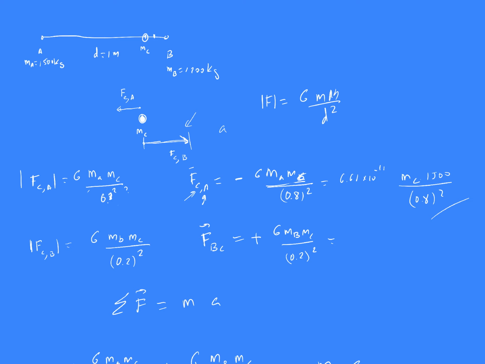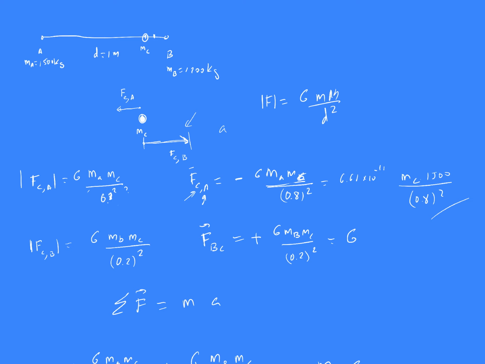So this force, the force acting on C due to V, is G, MV and MC divided by 0.2. We shouldn't even calculate anything. Don't put the G in yet, because if you don't, you won't have to make any calculation at the end, I think. Let me do it.